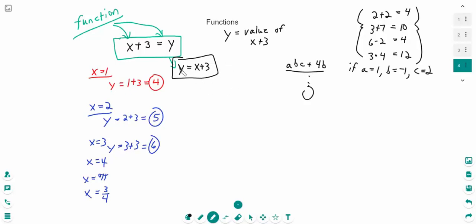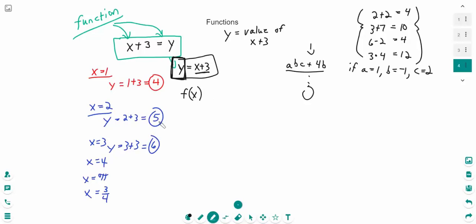So here we have y is equal to x plus 3. This is the expression, and again, this y depends upon what x is. So if I tell you what x is, I might ask you to evaluate this expression the same way that you've done all of these. Another way to write this y, and this will make sense in a second, is to write it as f of x.